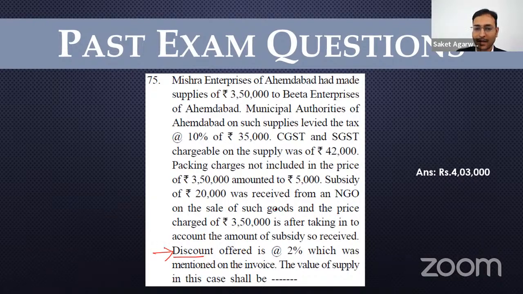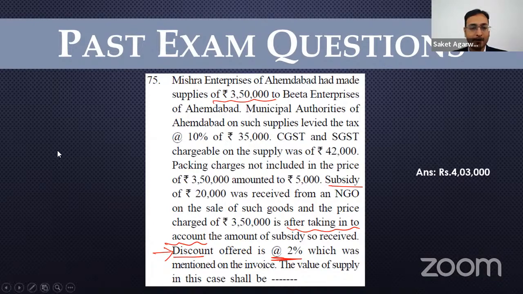And second, the treatment of the subsidy given here. Subsidy is already taken into account, which means it has already been deducted. After taking into account means it has already been deducted, not added, so we are supposed to add back. And the discount offered at 2% is calculated on the original selling price. These are the two important things we should remember when solving this question.